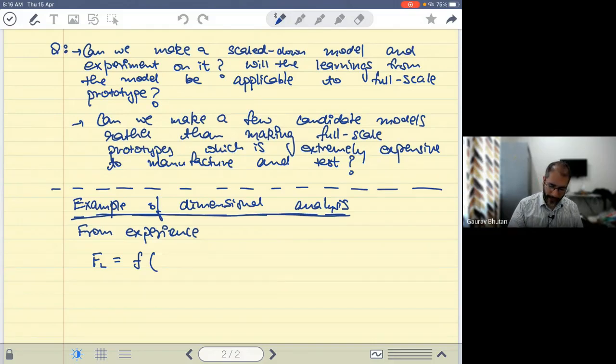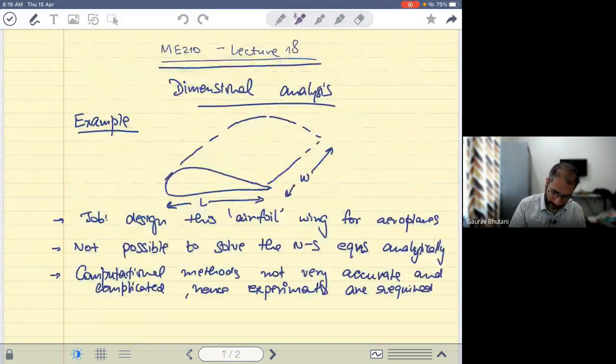So one of them is the length, the L, which is the length of the aerofoil. The other is the flow speed, the stream speed. So the flow is happening across an aerofoil, which is like this.